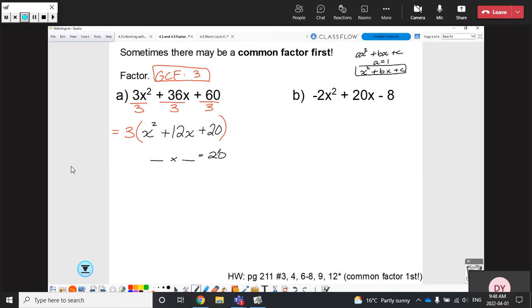Something plus something is going to equal 12. What are those two magical numbers that'll make this work? 10 and 2. Lovely. So when we write down this final answer, we must ensure that the greatest common factor remains out front here, and then we can change this trinomial into x plus 10 times x plus 2.